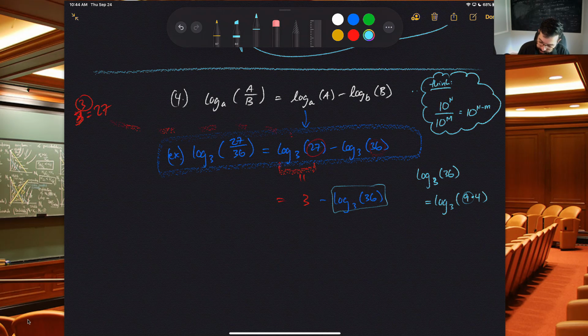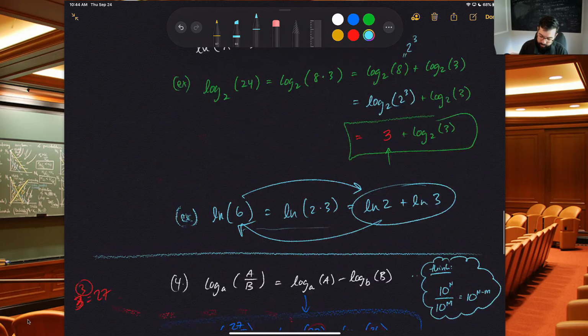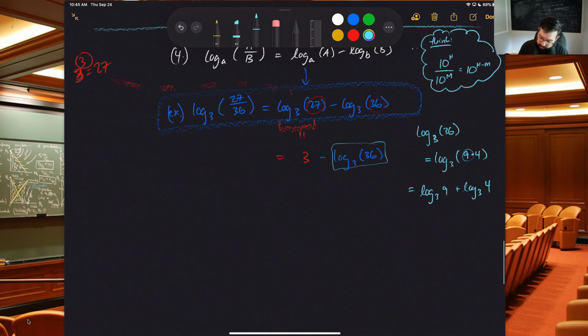So that would allow me to, when I split this up using the above property from number 3, splitting the product, I know that this is equal to 2. And so we get 2 plus log base 3 of 4.